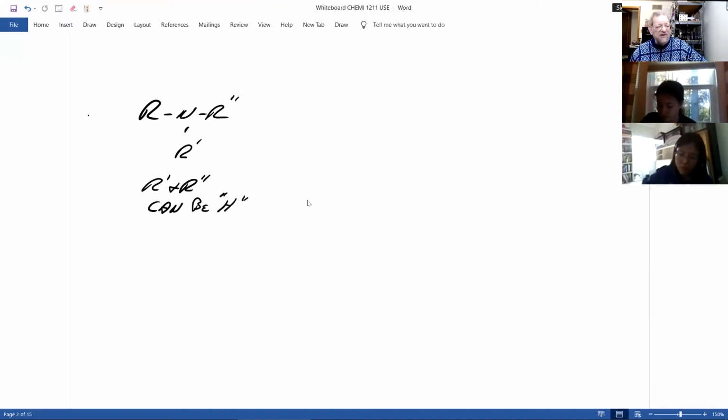If we have this molecule, R prime and R double prime, one or both, or none can be hydrogen. So that covers primary, secondary, and tertiary amines. How do you know it's an amine? 3 bonds to nitrogen. I said carbon, but it's nitrogen. I do that every semester, at least once, maybe even twice.